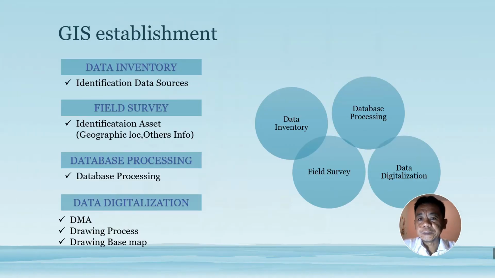This is GIS establishment. Usually the process is: we have data inventory, which is identification of data sources, and then field survey, identification of assets, their geographic location and information in the field, and then database processing.